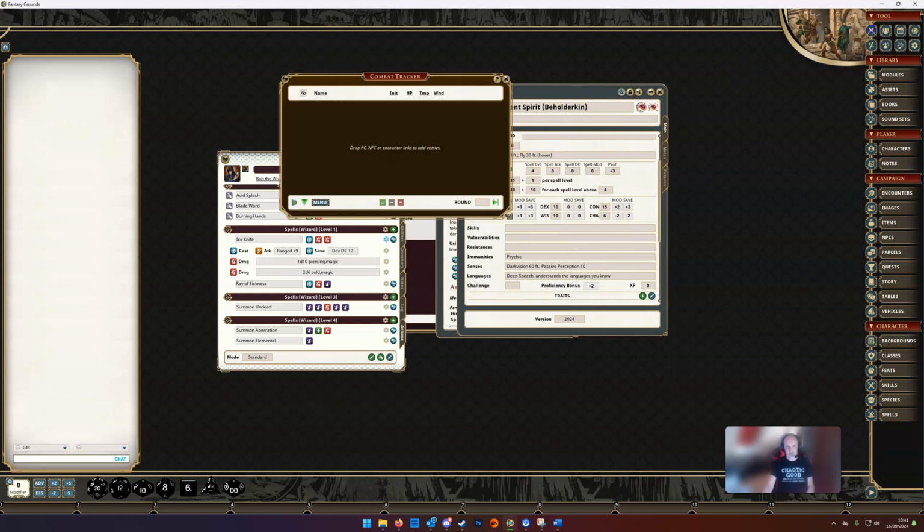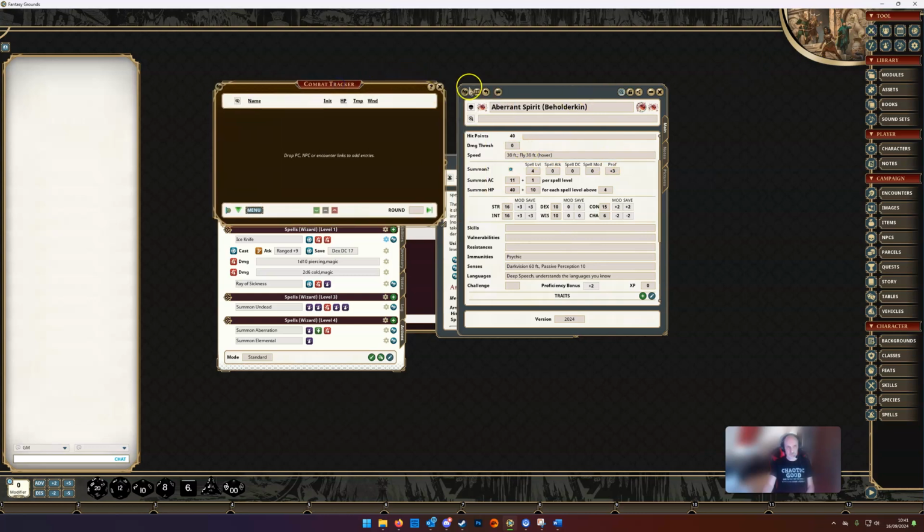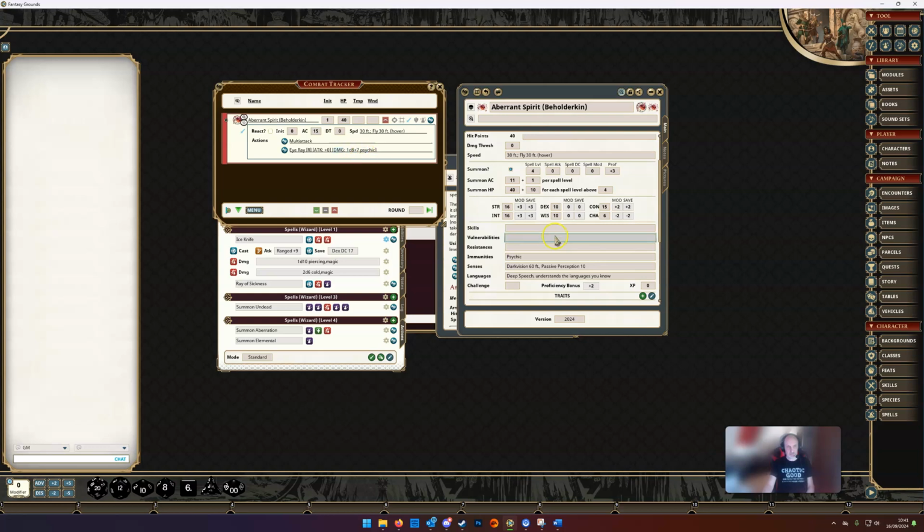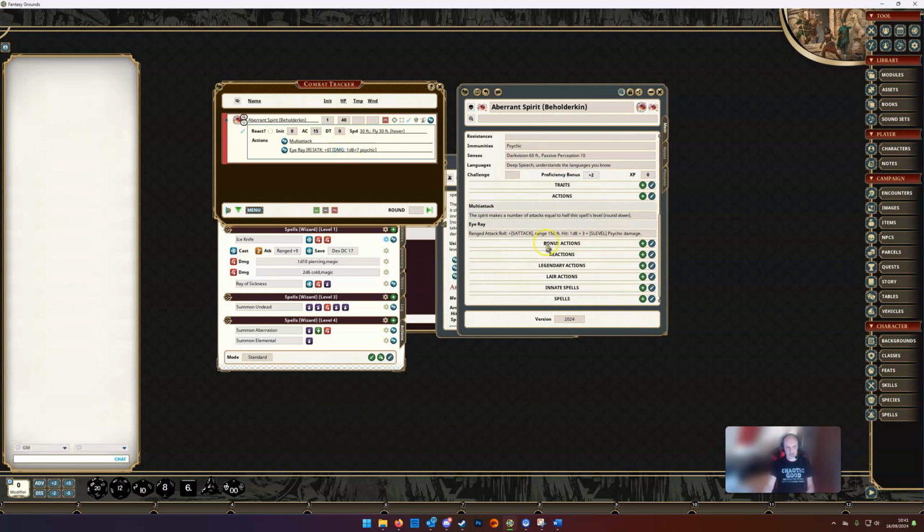So if we were to put this aberrant spirit on the combat tracker as it is and go to its offensive section, you'll see that the spell attack or the attack is at +0 and the damage is simply 1d8 plus 7. But obviously it should be higher than that.